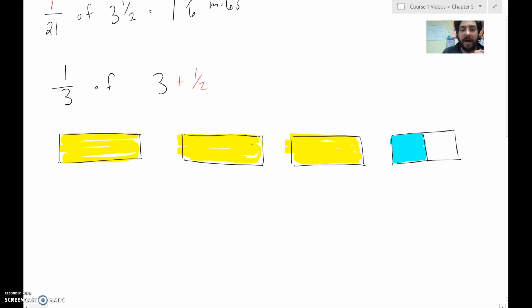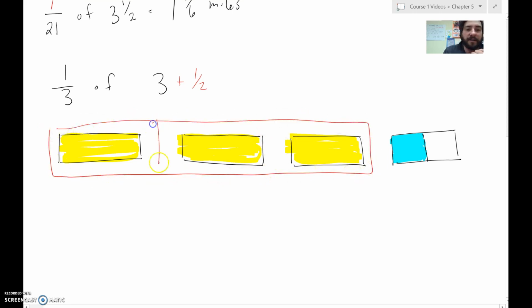If you take these 3 miles, there's 3 nice pieces, which means they walked 1/3 and took the car for 2/3. So 1/3 they walked, 2/3 they used the car. So that's 1 mile here. And then you need to also take 1/3 of this half mile. So this is the walk part and this is the car.